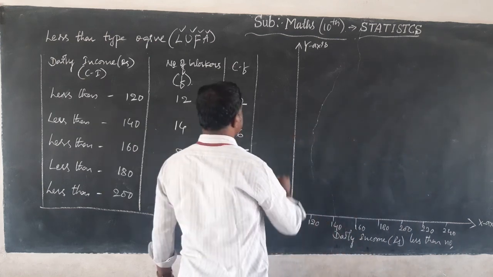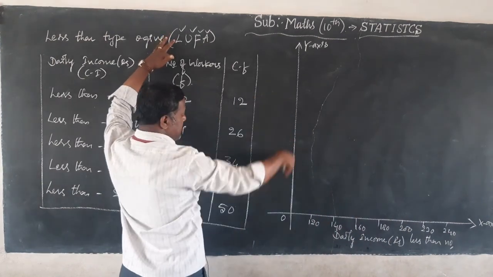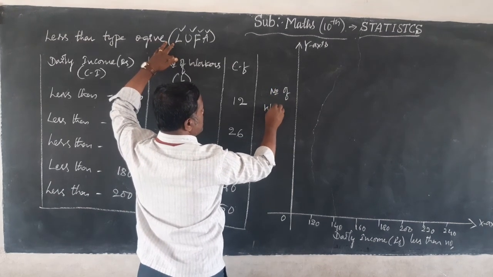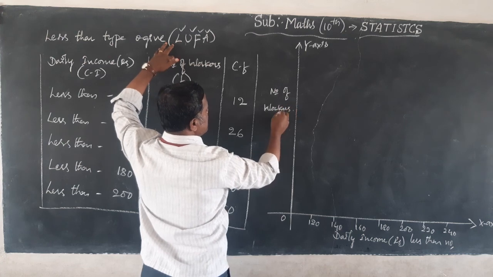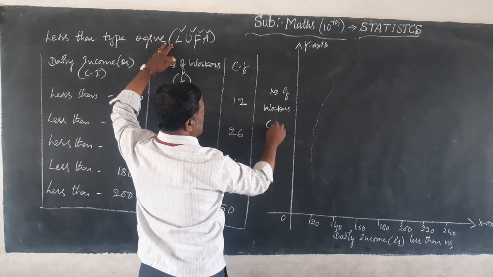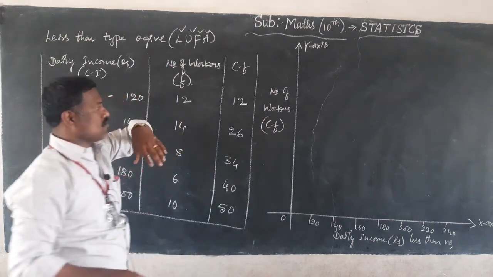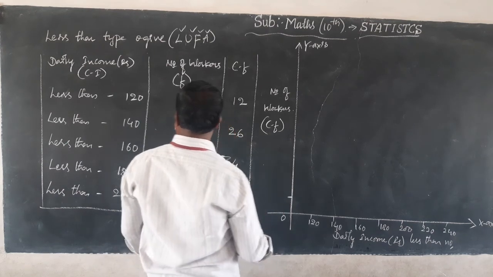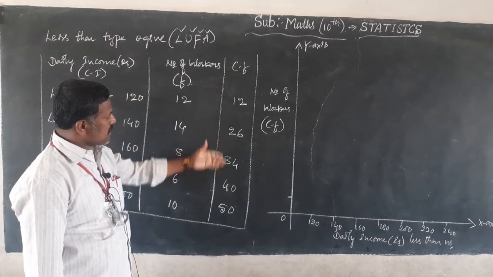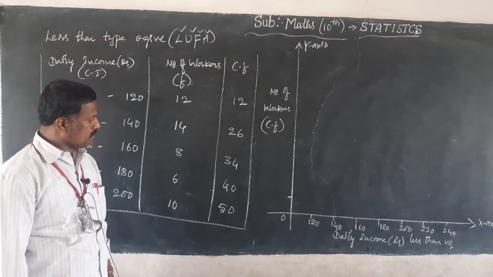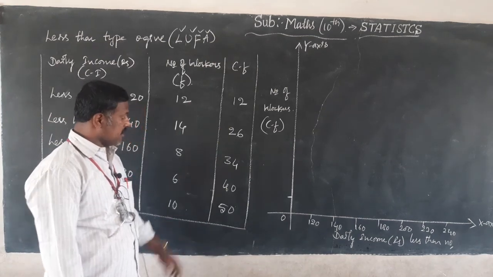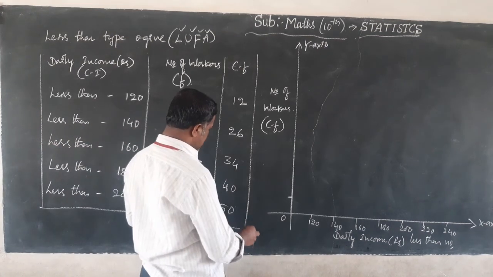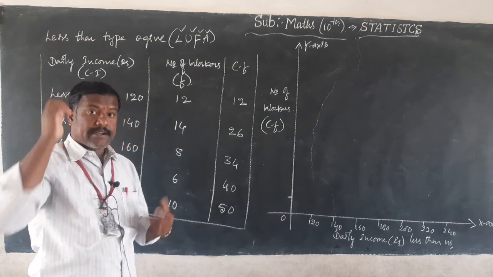On the y-axis we take the number of workers, which is the cumulative frequency. Almost all these numbers are even numbers, and the larger numbers are big. Taking 5 per unit is also bigger, so better we take 10.